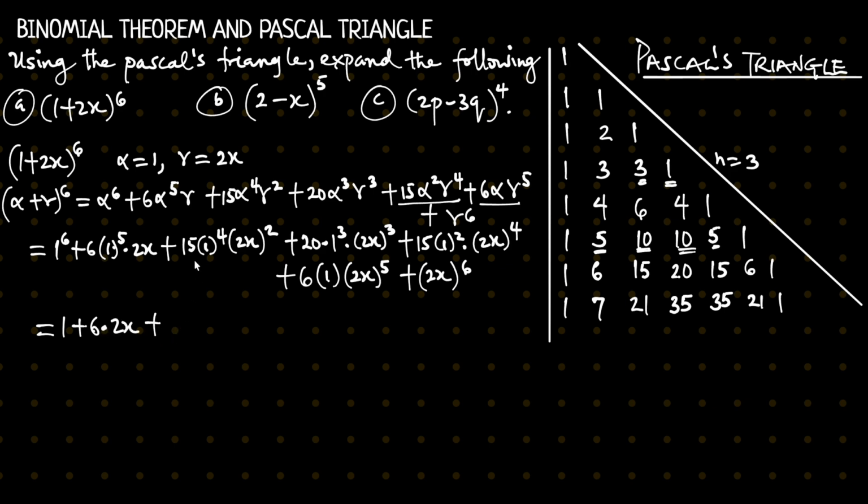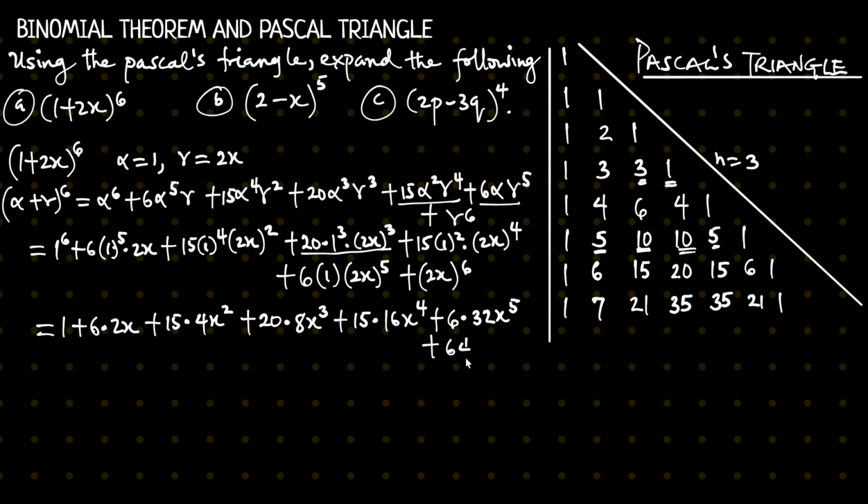So we have 15 times 1, because 1 to the power of 4 is 1, times 4x to the power of 2, plus 20 times 1 cube is 20, times 2x to the power of 3 is 8x cube, plus 15 times 1 is 15, then 2x to the power of 4, that is 16x to the power of 4, plus 6 times 32x to the power of 5, plus 64x to the power of 6.